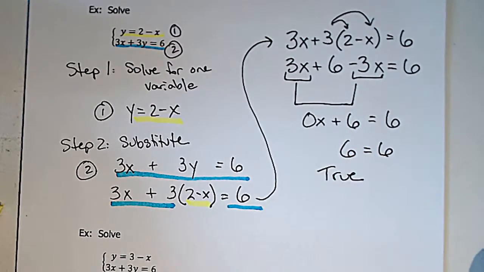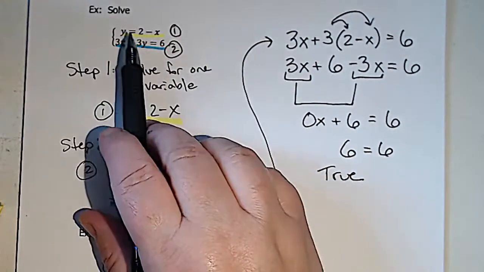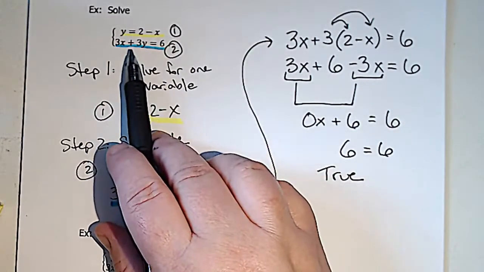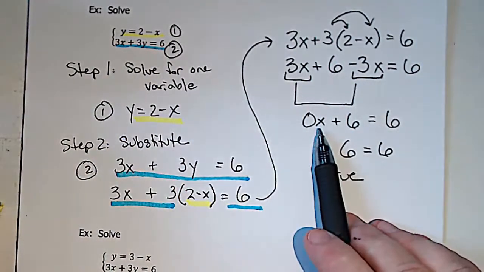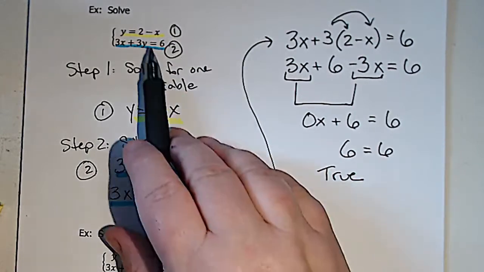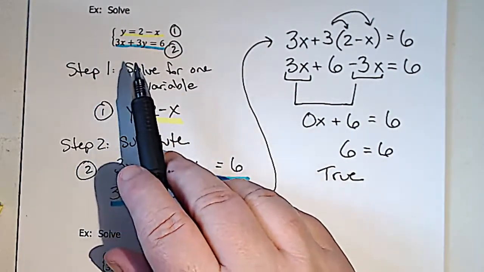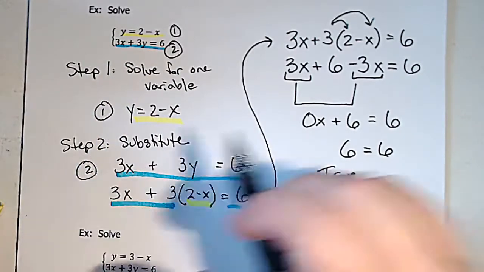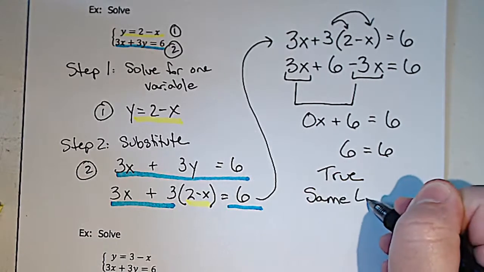So let's review. I tried to solve a system of equations. So I'm saying, how can we make these both true at the same time? And the math says, you know what? X doesn't matter. It's just true. So they're both true at the same time always, which means they are the same line.